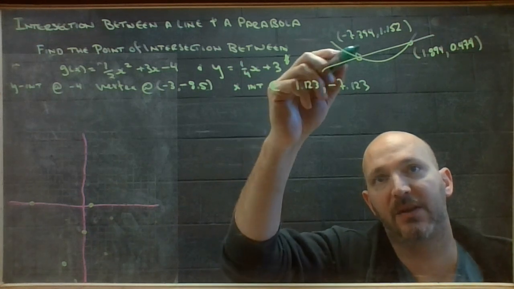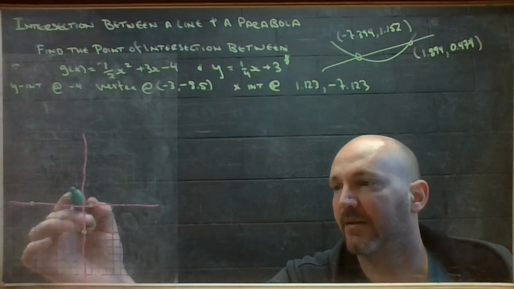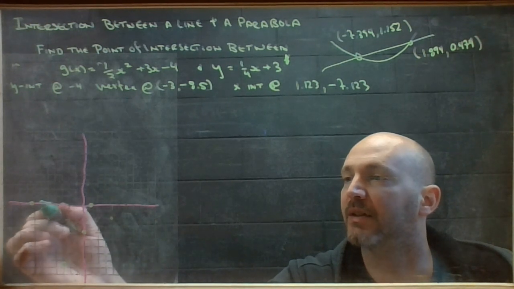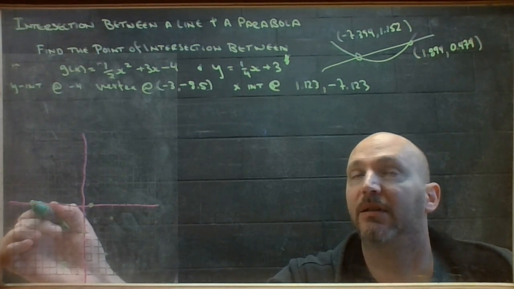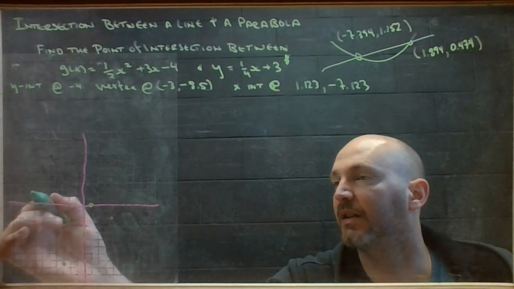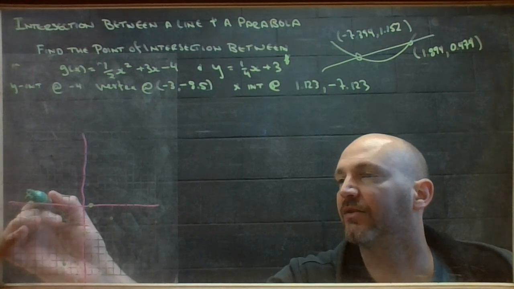And I'm supposed to have a point of intersection at negative 7.394, and at 1.152, that's up a little bit here, maybe there-ish.